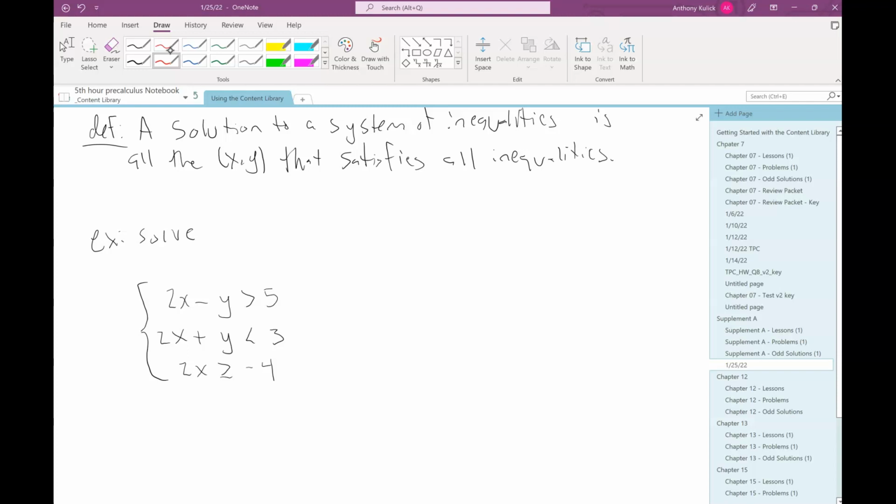So let's say we have this system of 3 inequalities. First thing I'm going to do is rewrite these so that we're in slope-intercept form. Notice in this first inequality, when I divide by -1, I had to change the direction of the inequality symbol.